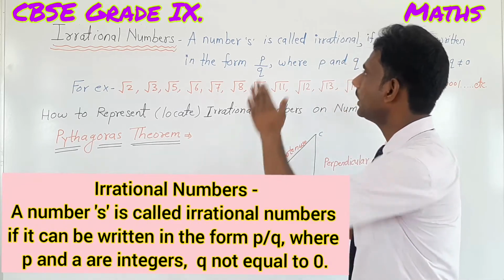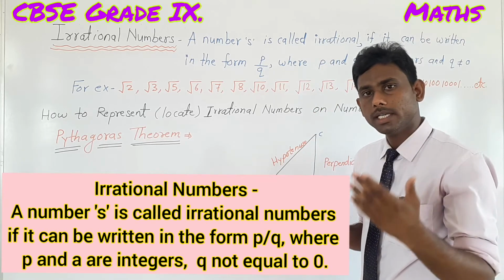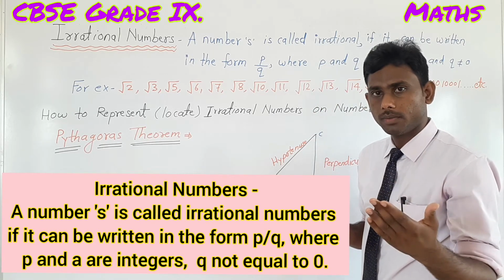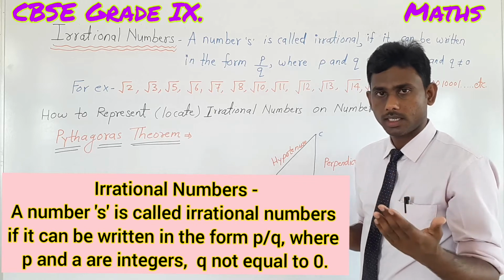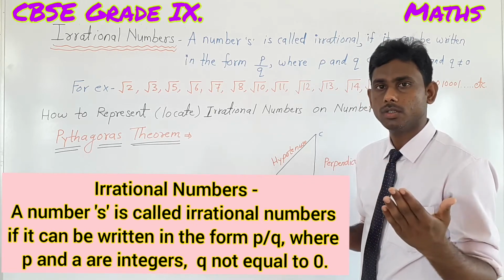An irrational number is a number which cannot be written in the form of p by q, where p and q are integers and q is not equal to 0.